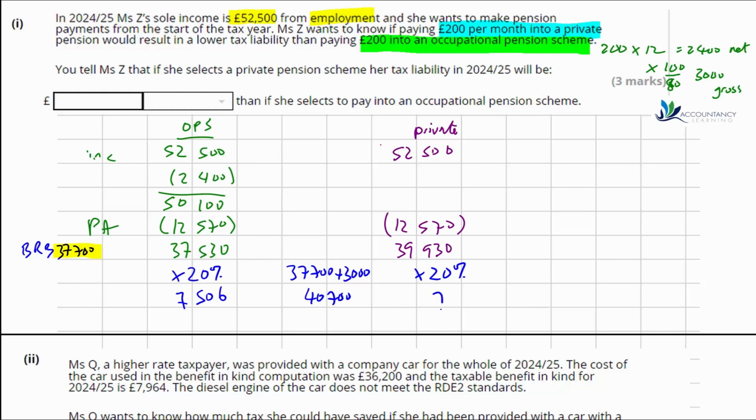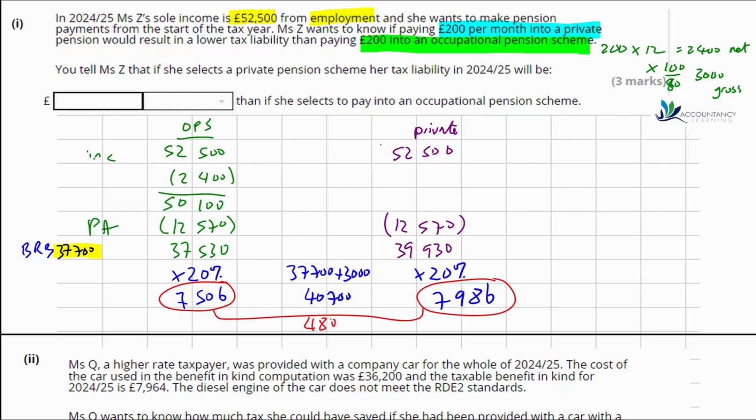And giving a tax payable of 7,986. So we can see that if we allow our employers to deduct £200 a month, we will pay less tax than if we pay that money into a private scheme from our net pay. So the difference between the two is £480.